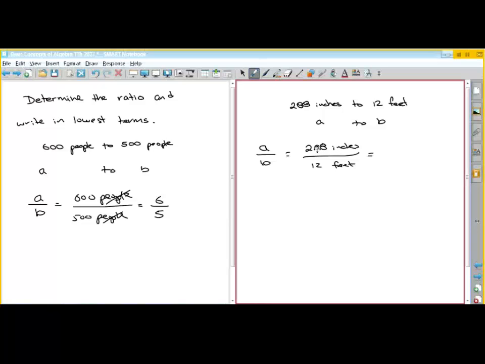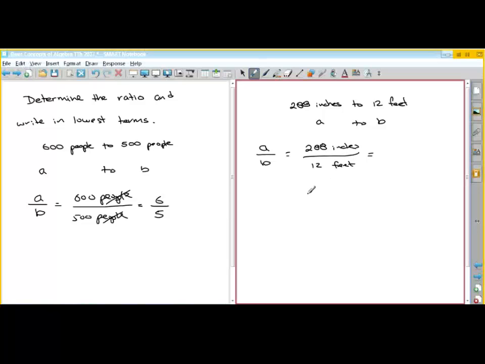Oh, this actually is not a conversion thing. Okay, sorry. It's just saying scale this to that. I realized that when I divided 288 by 12 inches per foot, I got 24, and they weren't the same number. So what we would do in this case is convert inches to feet.